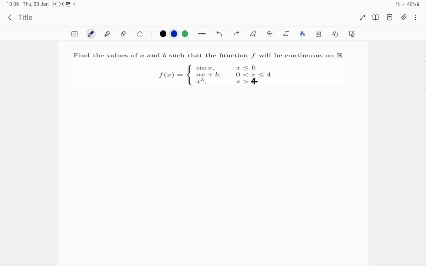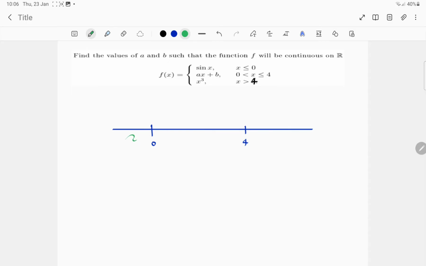If you are given a question like this, find all the values of a and b such that the function f will be continuous on R. F of x is sine x, ax plus b, and x to the power of 3 for these ranges. The critical points we are given are 0 and 4, and our function varies in these ranges.